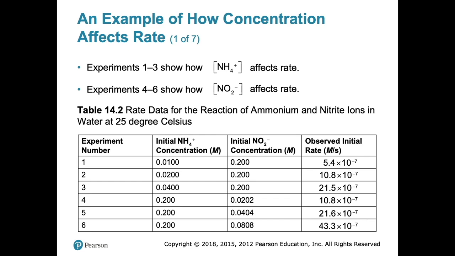And then for experiments 4 through 6, I'm keeping the concentration of ammonia the same, but I double the concentration of the nitrite. Does that make sense so far?